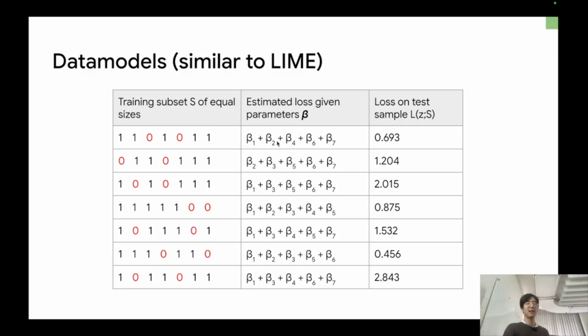So let's say your S looks like this, so you're only excluding this and this point, and then you have to do retraining in that case. And then you're gonna get, for example, 0.693 as the loss value for the test sample, okay? And you do that like 7 times here, and you're gonna get 7 rows in this table. It's very expensive, right? Because you have to train 7 times.